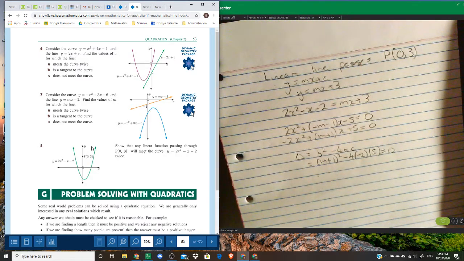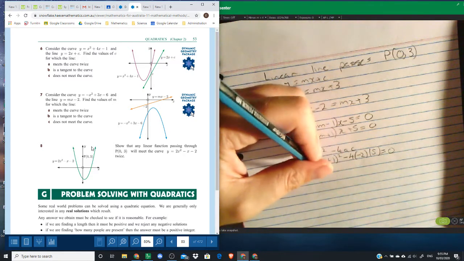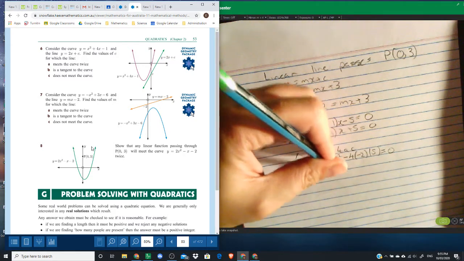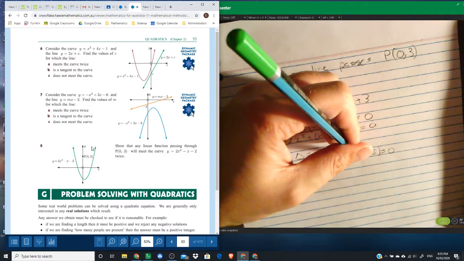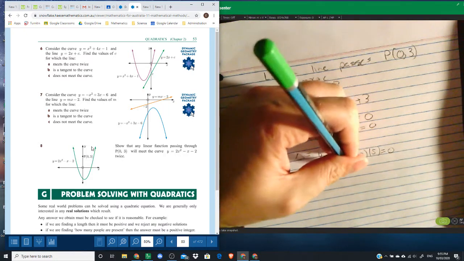Show that any linear function passing through P(0, 3) cuts the curve twice. Trying to find the mistake I've made, but it doesn't look like this is going to yield the solution I want, because if I move that across, that's plus 10, plus 20.